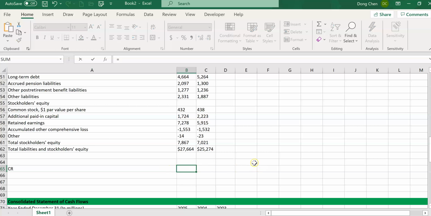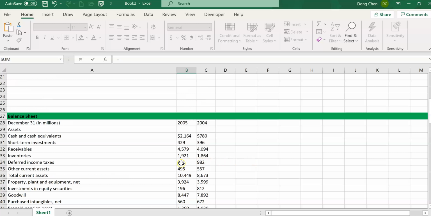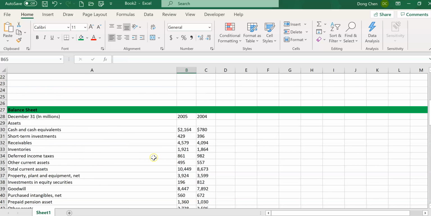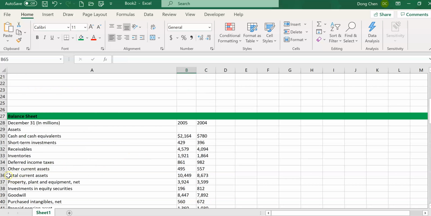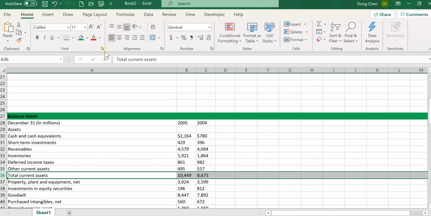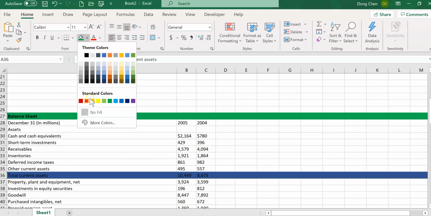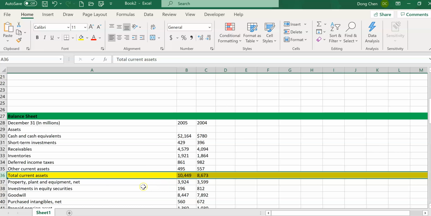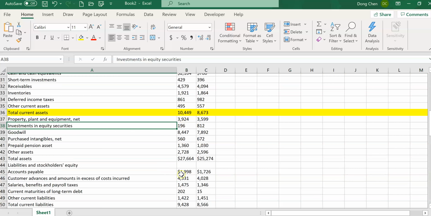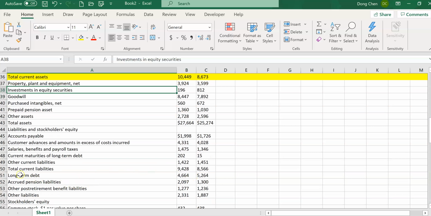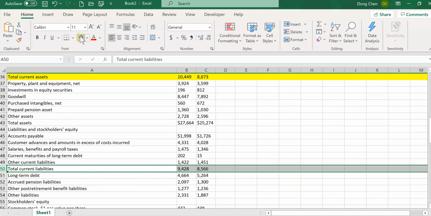So current ratio is simply current assets. So we look for current assets, it is right here, the total current assets. So let me first highlight this so you know which row I'm looking at. Here, highlight that in yellow. So this is total current assets, and then I'm looking for total current liabilities.